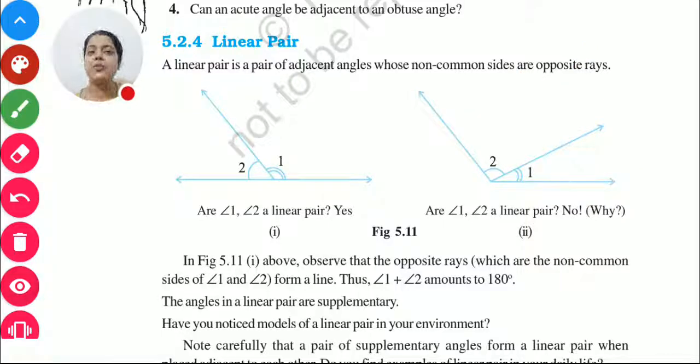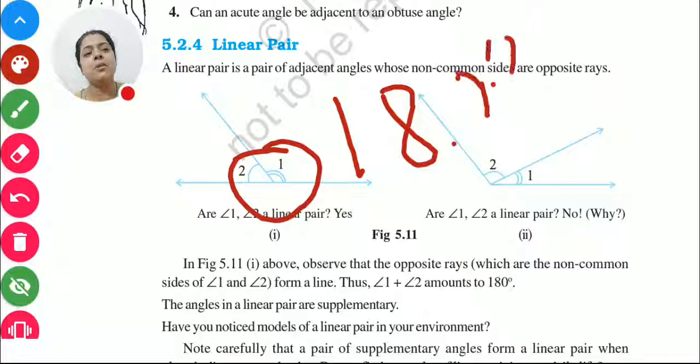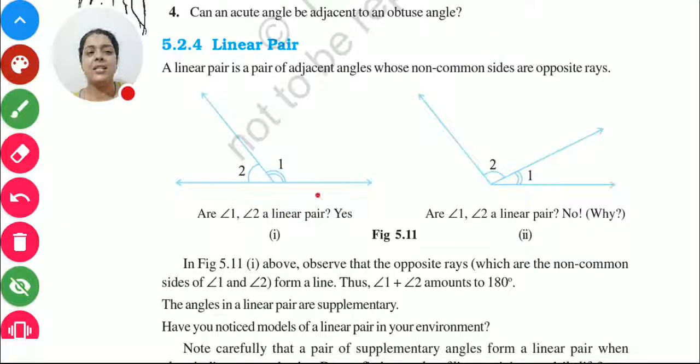Here, in this case, what was common, I don't know whether you identified or not. Whenever we have the opposite lines here, it will undoubtedly form 180 degrees. If we have it like this, it is 180 degrees, which means it will be a supplementary angle.